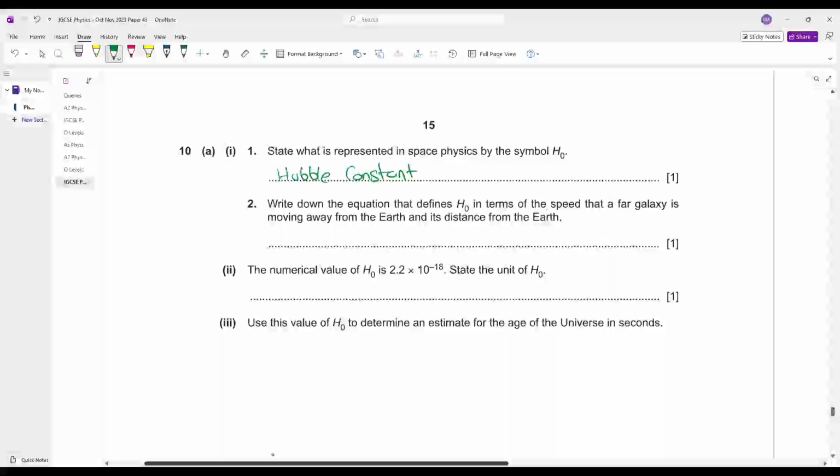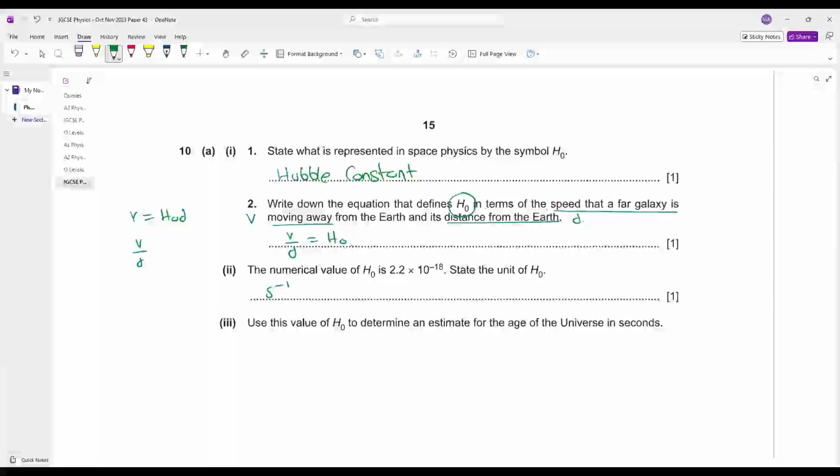Basically they are asking for the Hubble constant formula in terms of the speed v at which a faraway galaxy is moving away from the earth and its distance d from the earth. Have we studied this formula? v equals h naught d. The Hubble constant equals v over d. The numerical value of the Hubble constant is this. State the unit of the Hubble constant: second to the power minus 1.